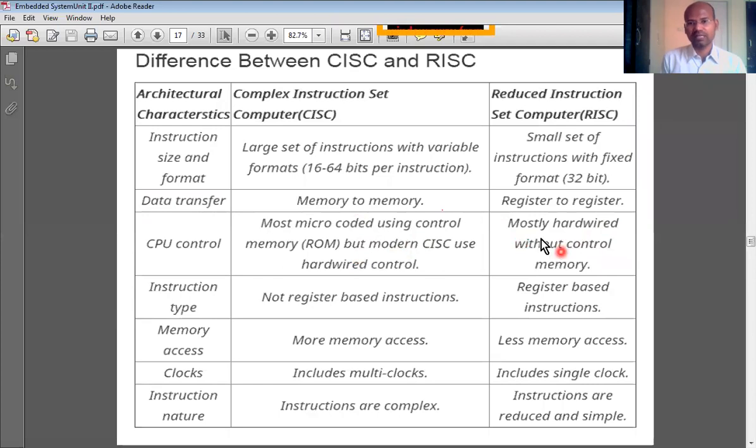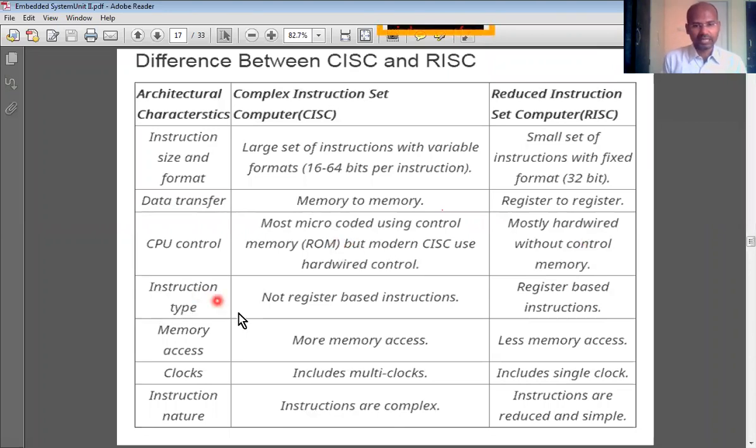Since these are simple instructions, you can very easily implement such instructions directly in terms of combinational circuits. You don't need RAM and so on, because although RAM is one option, we always choose to have this hardwired control, because hardwired control unit is faster than the RAM counterpart.